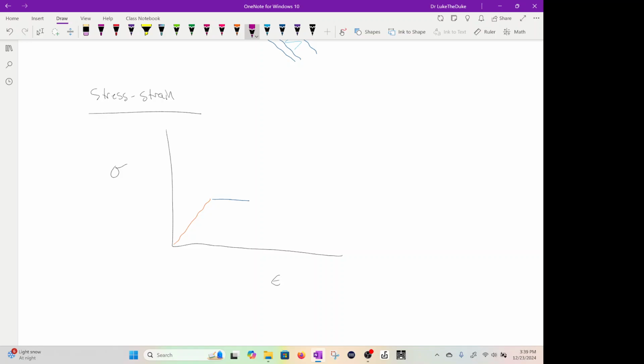Then you got strain hardening up to its ultimate stress, and then you have necking. Let's separate these and then write them. This is your elastic region. This is yielding. This is strain hardening.